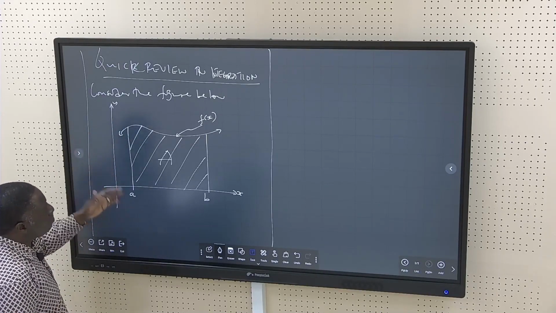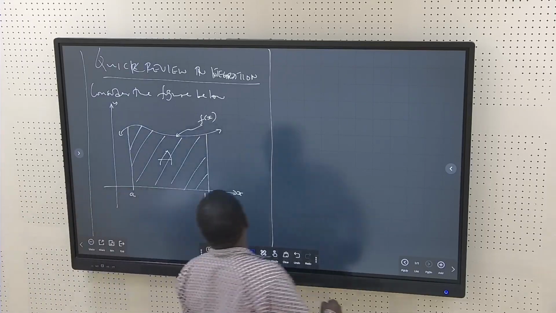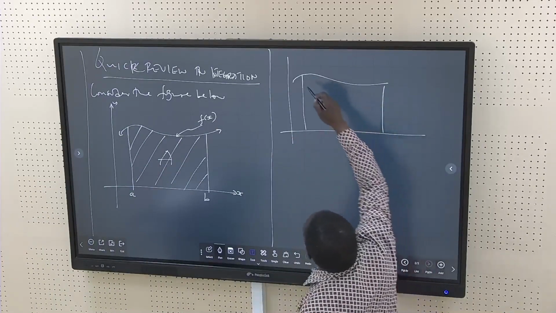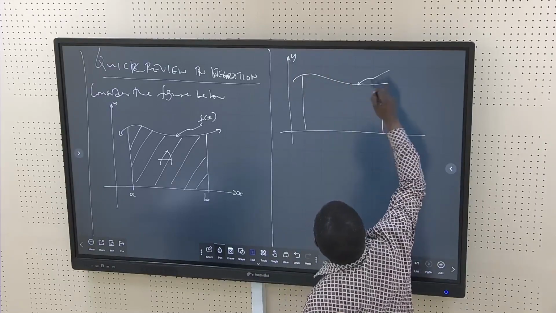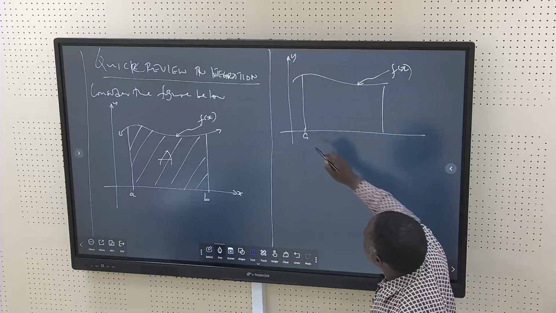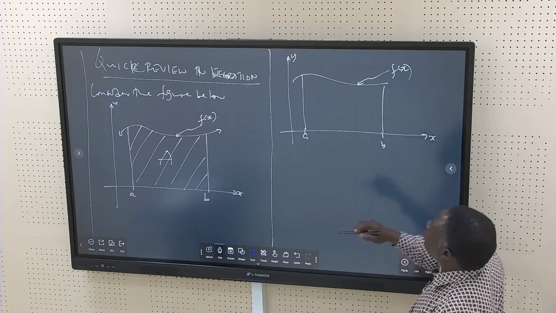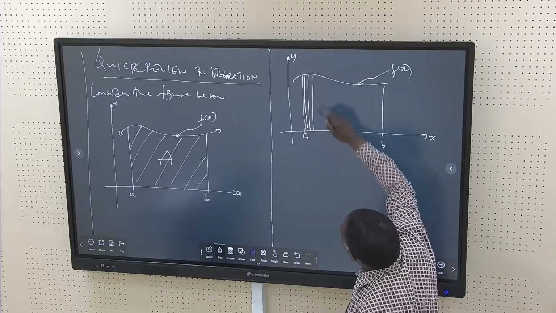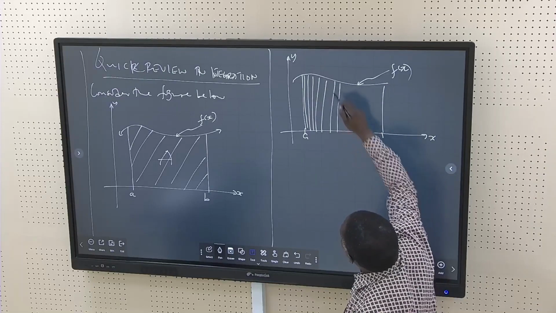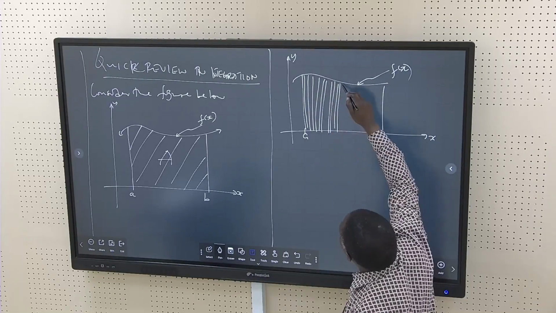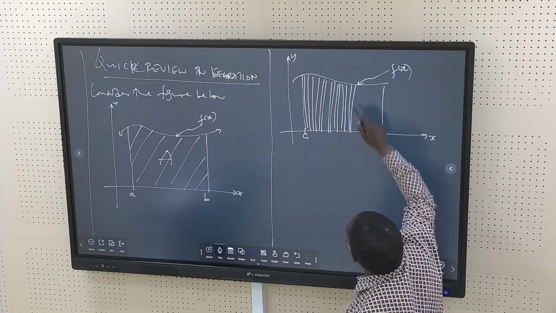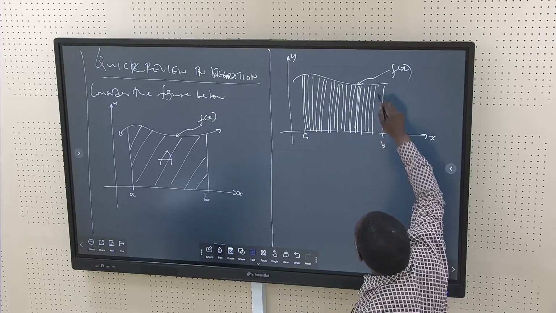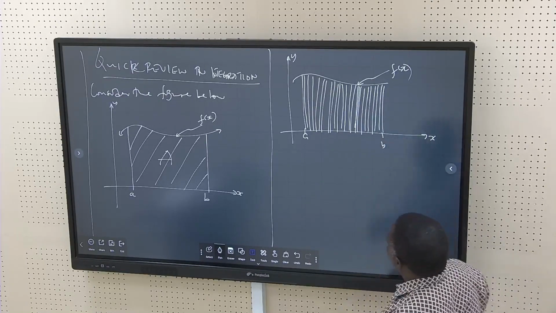We can divide this region into very, very small, tiny strips, and from those small strips, we can pick only one strip and consider it.